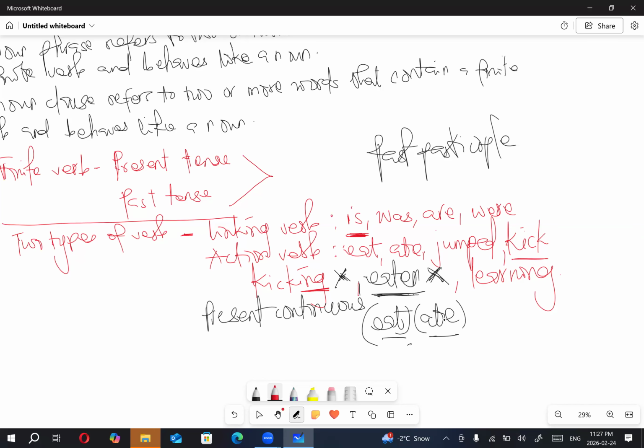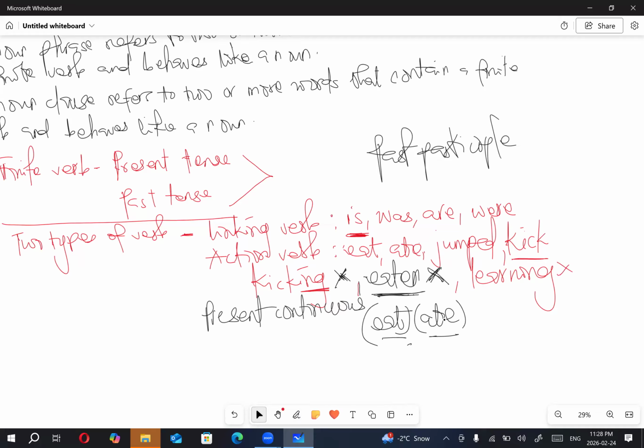Okay. So let's move on. So learning is not a finite verb.